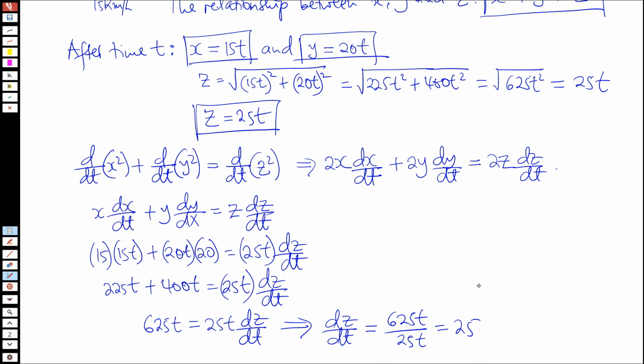And because this is a constant, it means it's not dependent on time. It's not time dependent.